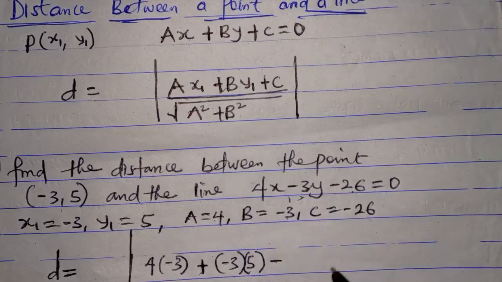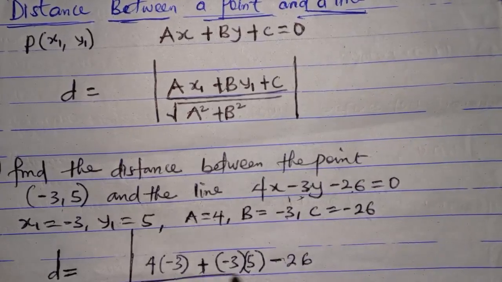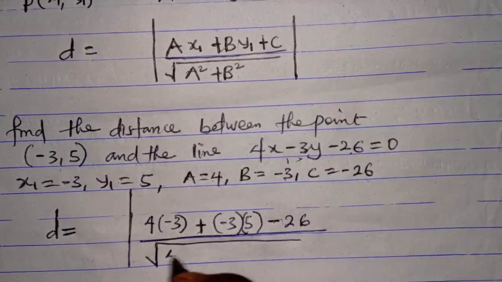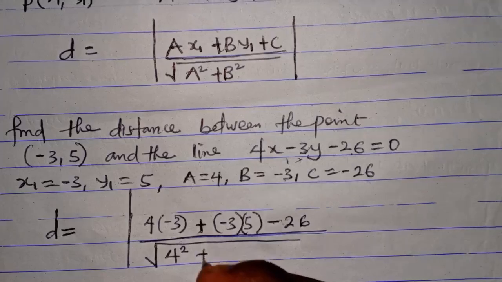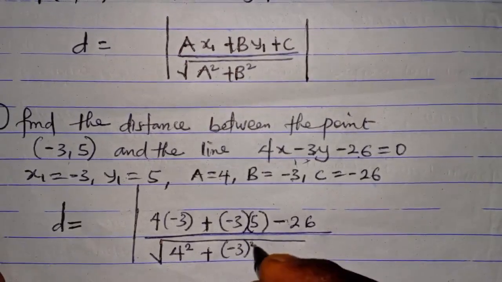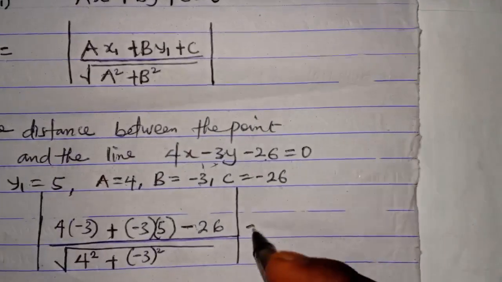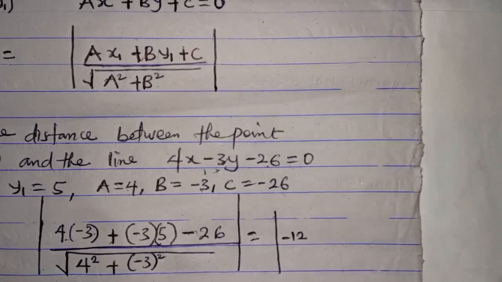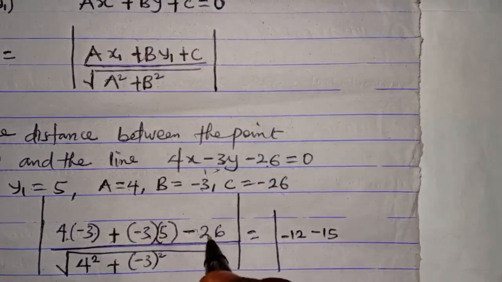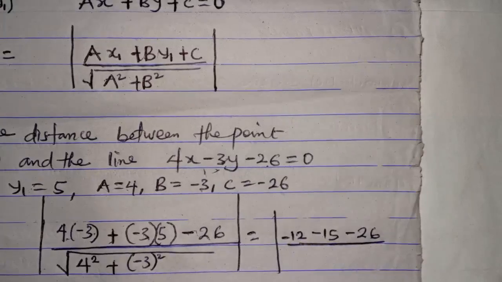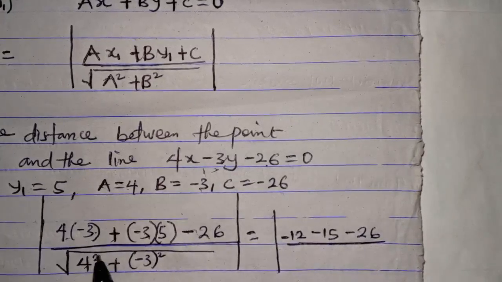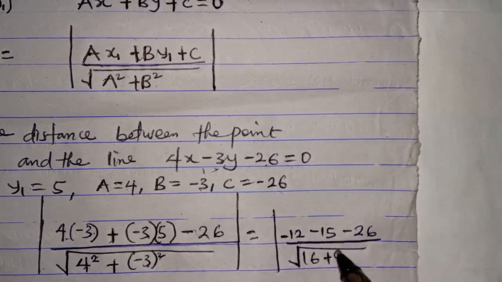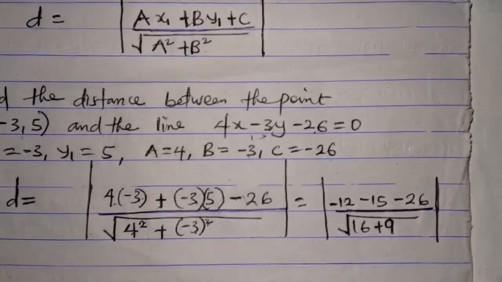Then plus c, and c is minus 26, divided by the square root of a squared, which is 4 squared, plus b squared, which is minus 3 all squared. This gives minus 12, minus 15, and minus 26, divided by the square root of 16 plus 9, which is 25.